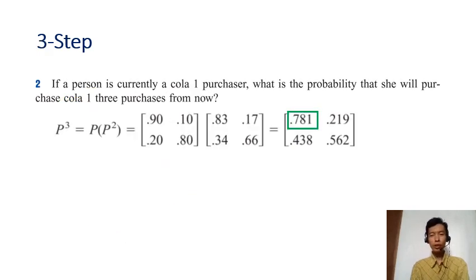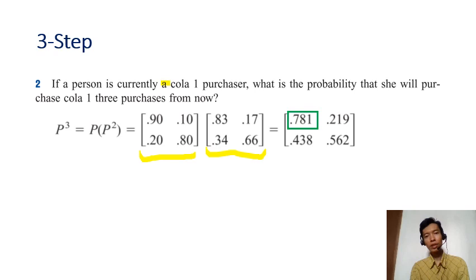The next question asks about 3-step probability. Since we've already had the 2-step probability from the previous slide, the P squared, we just need to multiply that by P once more. So now we have P to the power of 3. Then, same as before, we just need to look at the correct element.